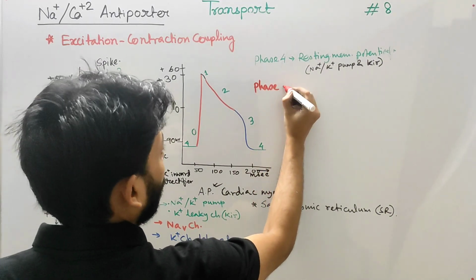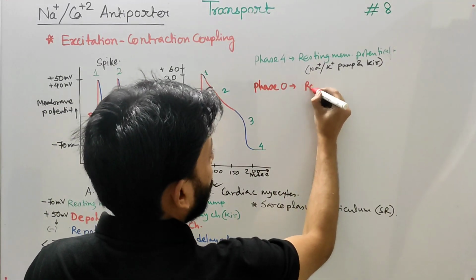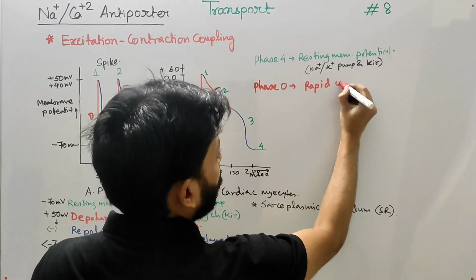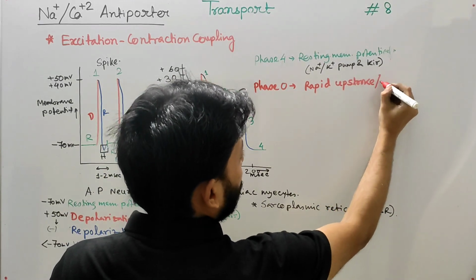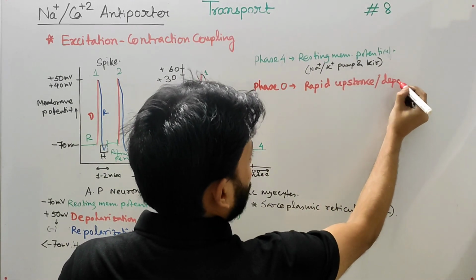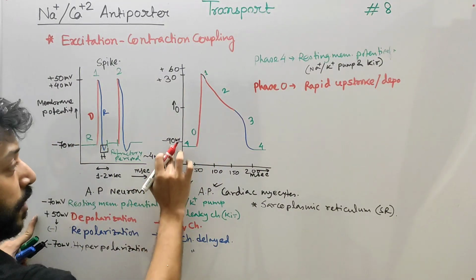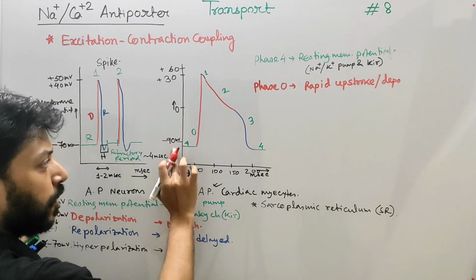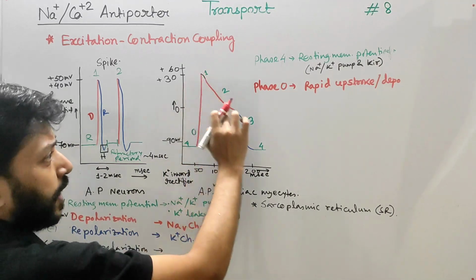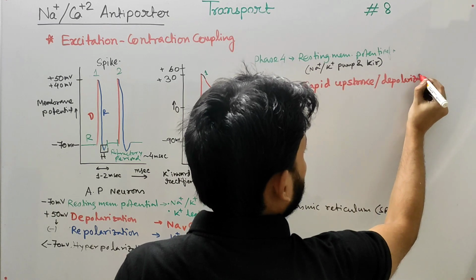The phase 0, that means this phase, I'm writing with red color. Phase 0 is actually called the rapid upstroke or rapid depolarization. So basically this is the depolarization. As I have mentioned, depolarization means from the resting membrane potential, that is negative, it becomes positive. That's why it is called depolarization.